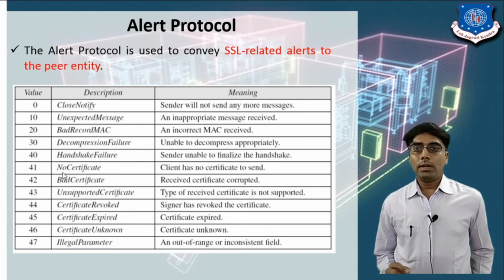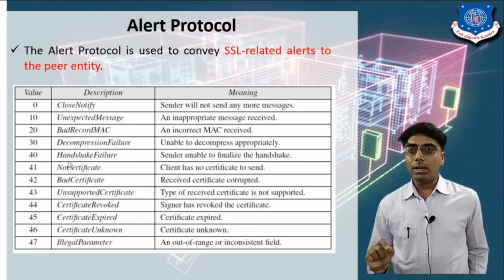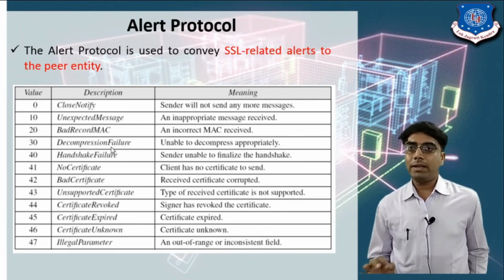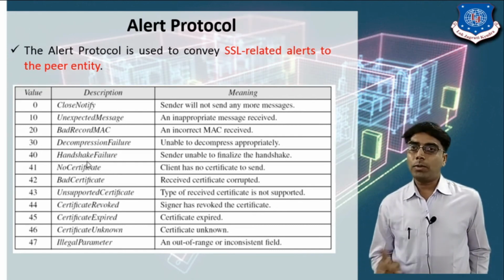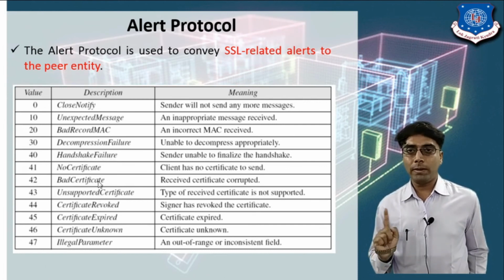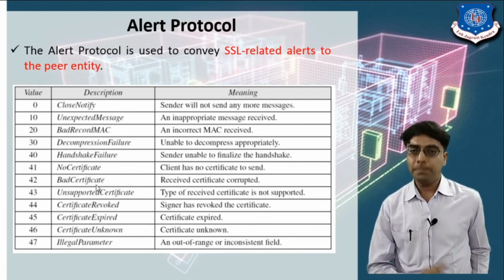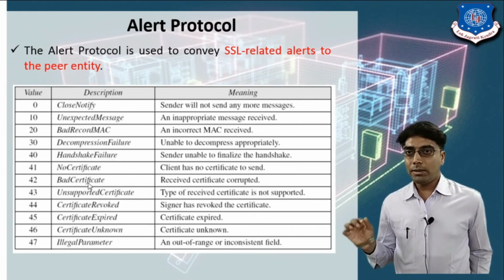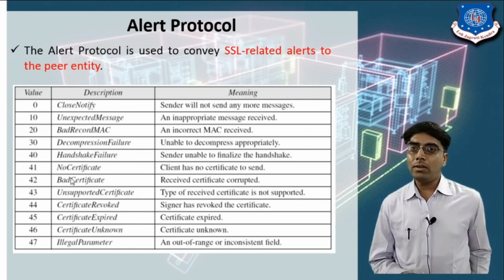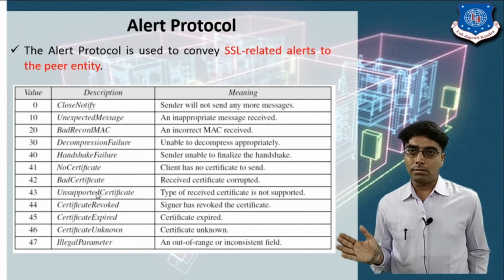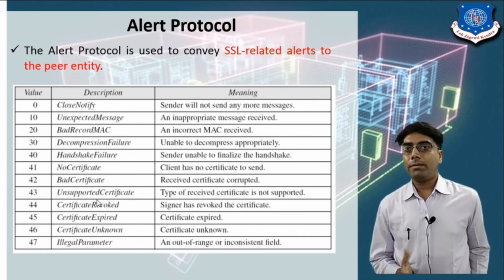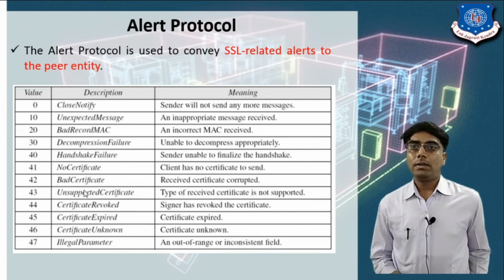Each message of this protocol consists of 2 bytes. The first byte is called the level and the second byte is called the alert. The first byte takes the value of warning or fatal error.